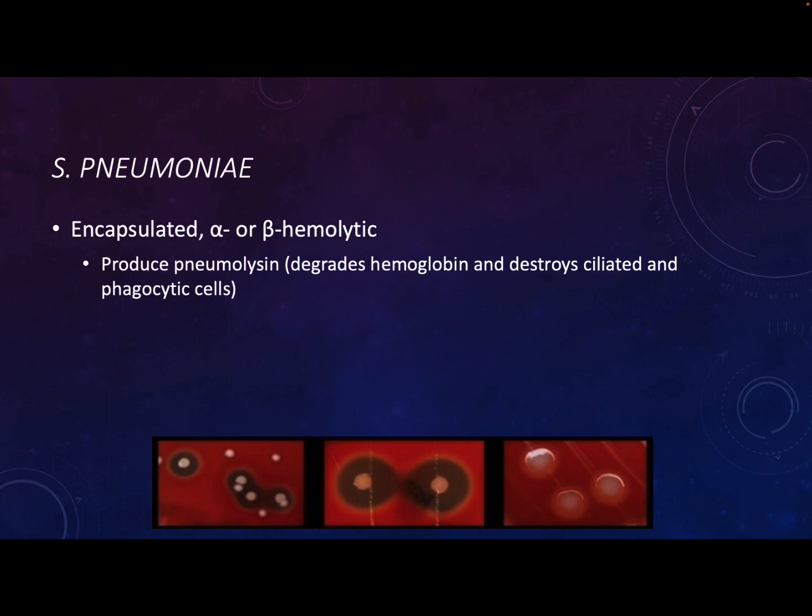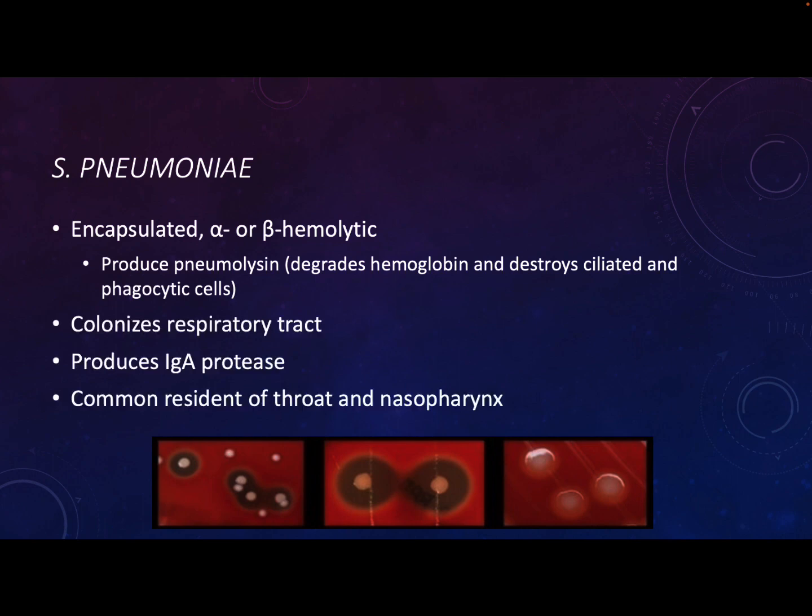So it's tricky because you can't necessarily say which strep species it is just by looking at it on a blood agar plate. As you've already discussed, you've already decided this is a pathogen of the respiratory tract. But it's actually a pretty common resident of the throat and nasopharynx.